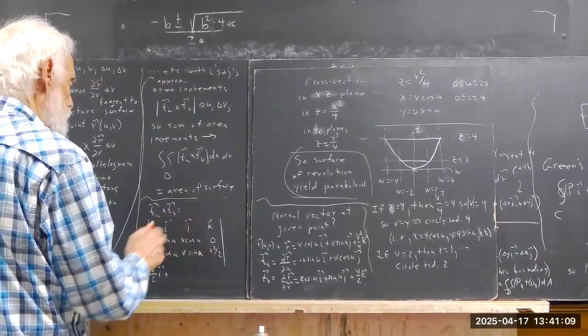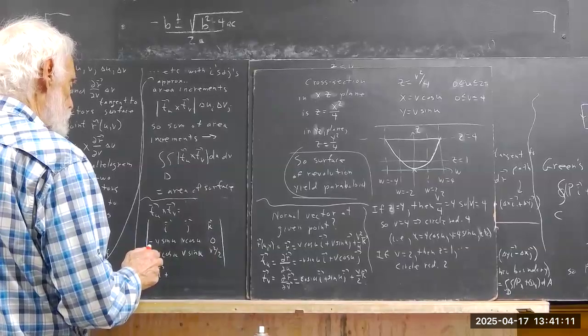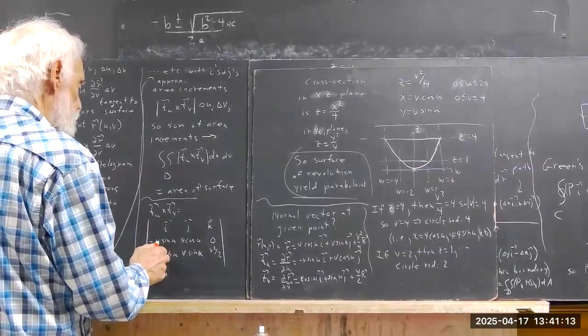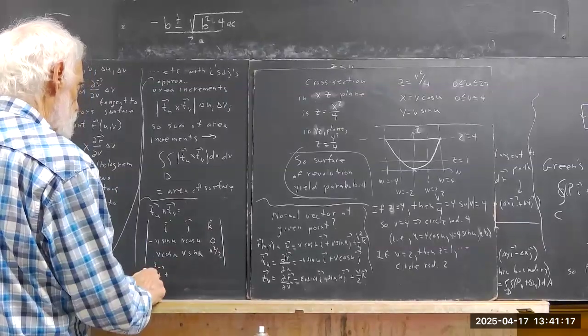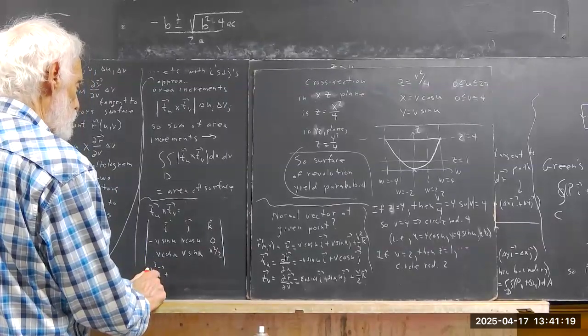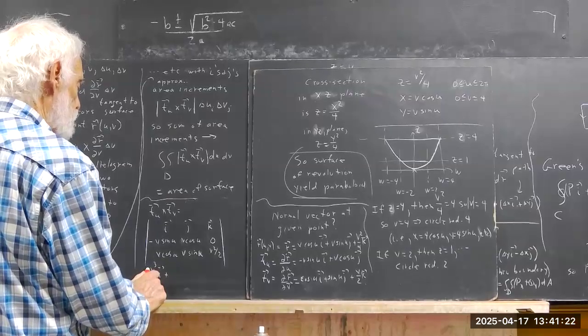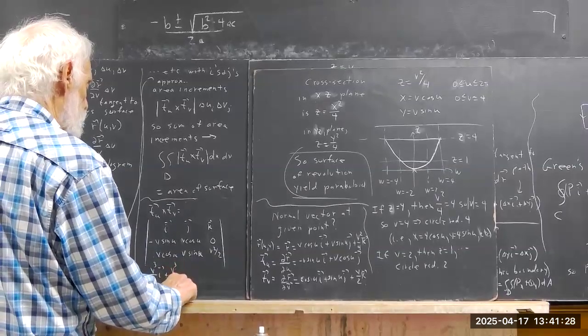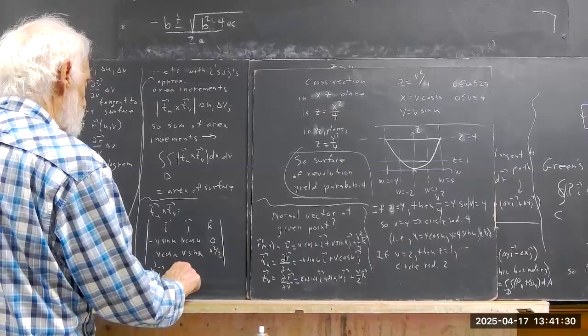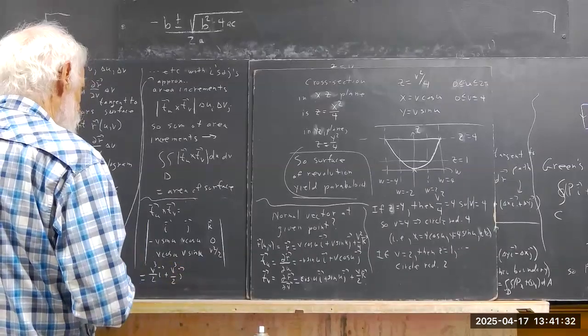And j is going to be multiplied by v cosine u, so it's going to be v cubed over 2 j.